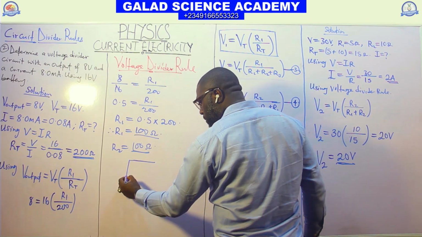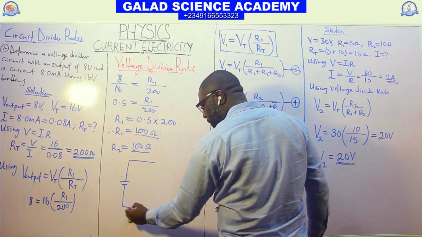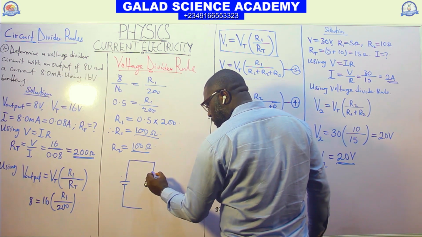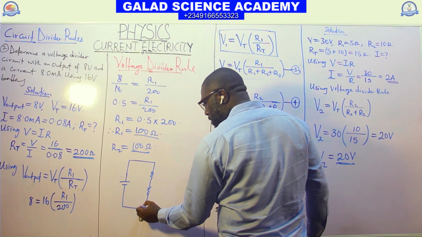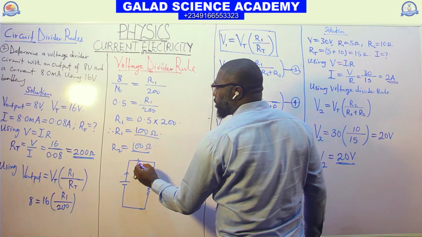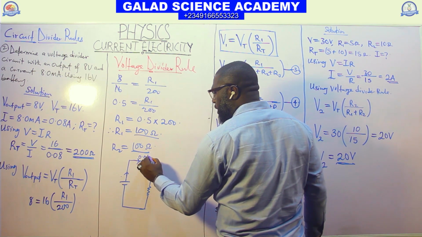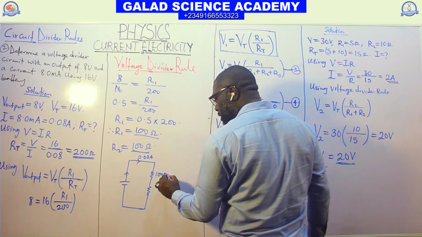So if you have to draw the circuit, this is how the circuit will look. The current that's flowing in the circuit, we are given, is 0.08 ampere. The resistor here is 100 ohms.